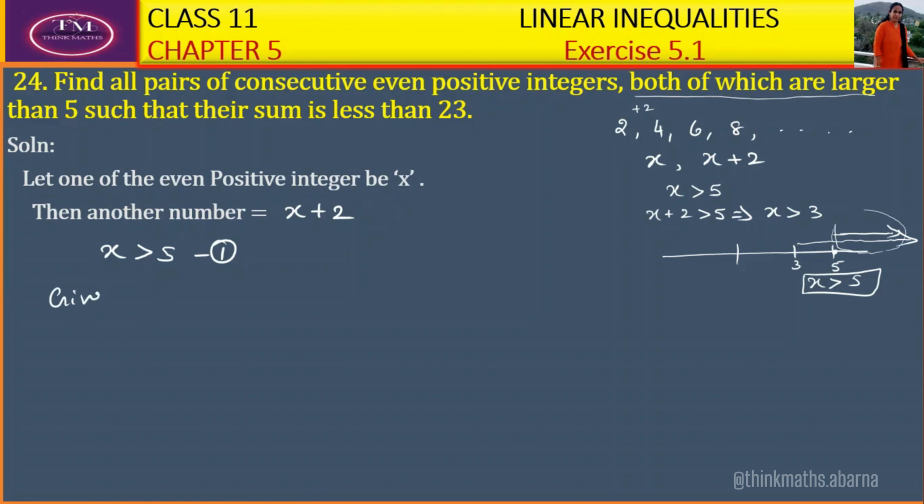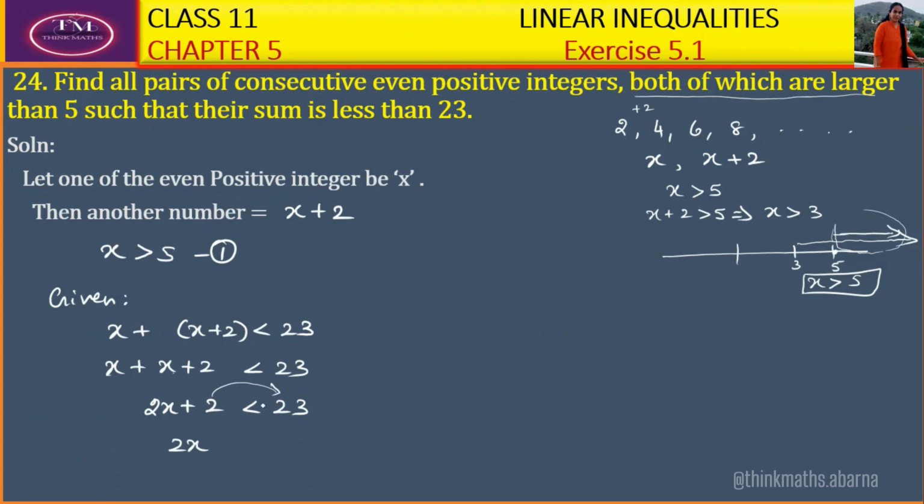So it is given that x plus x plus 2 is less than 23. x plus x is 2x, plus 2, is less than 23. 2x plus 2, when the 2 goes to this side, becomes minus 2.